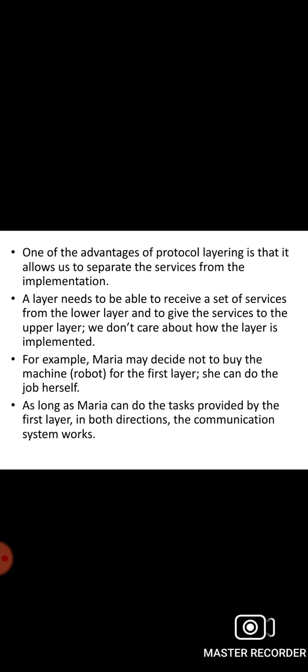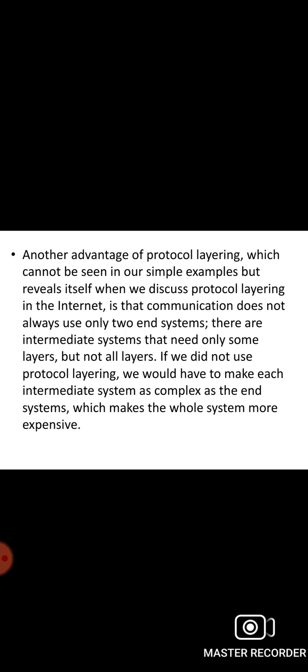For example, Maria may decide not to buy the machine for the first layer. She can do the job herself. As long as Maria can do the task provided by the first layer in both directions, the communication system works. Another advantage of protocol layering, which cannot be seen in a simple example but reveals itself when we discuss protocol layering in the internet, is that the communication doesn't always use only two end systems.